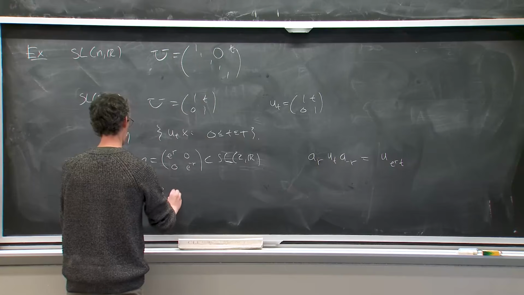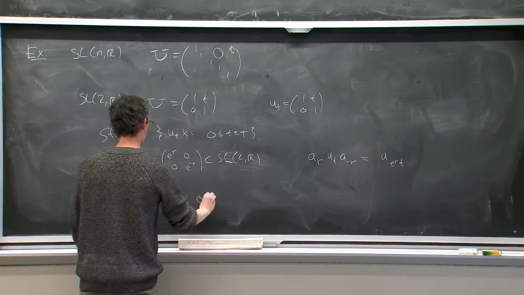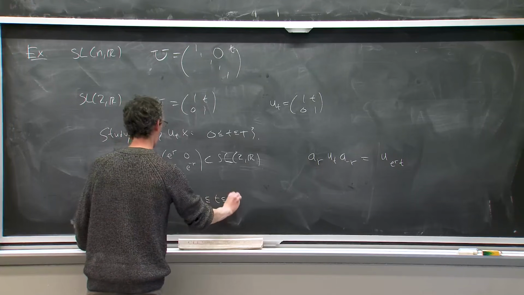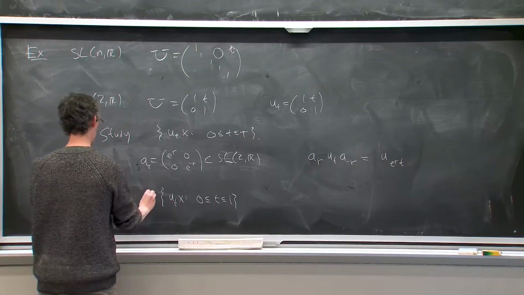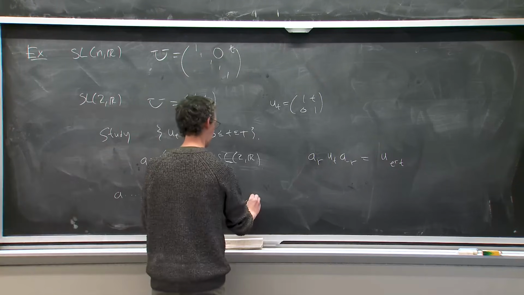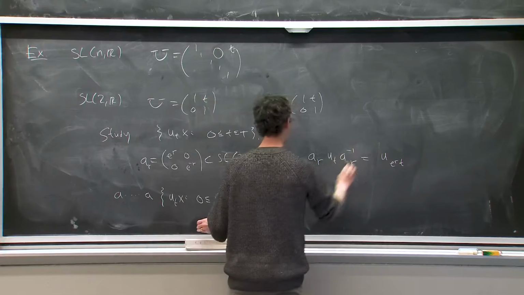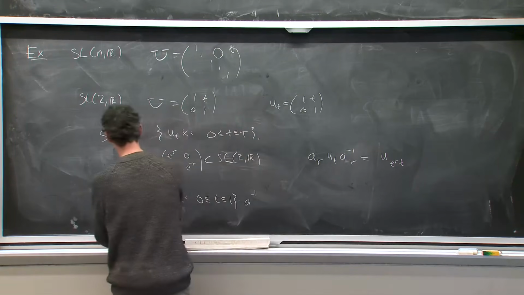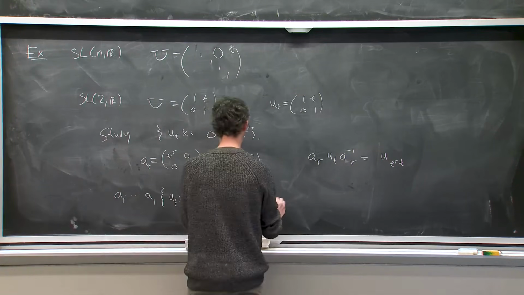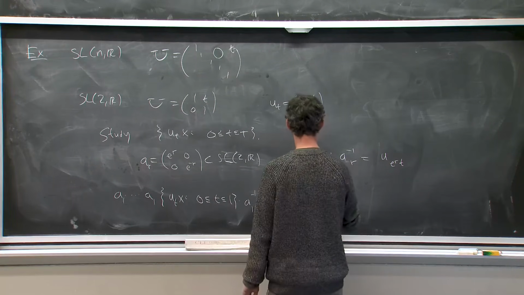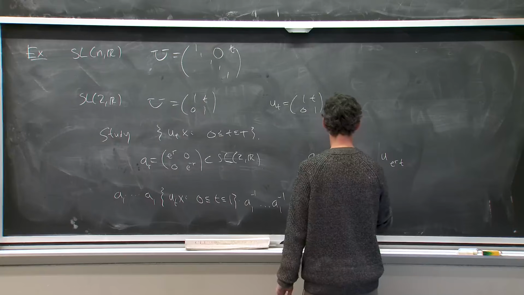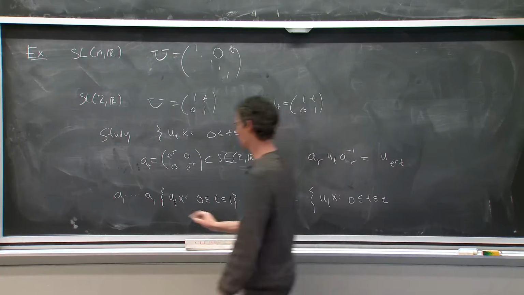So I can take u_t x, where t just goes from 0 to 1, and then I can apply a_1 to it many times, and a_1 inverse many times. Say we do this n times.